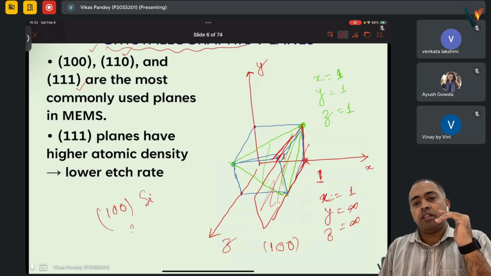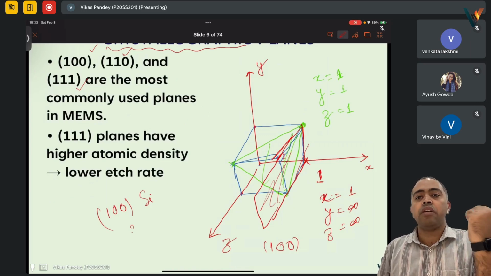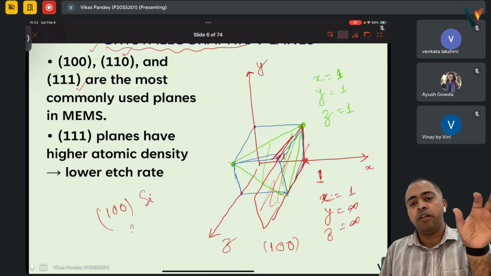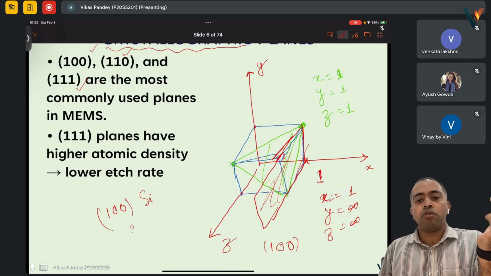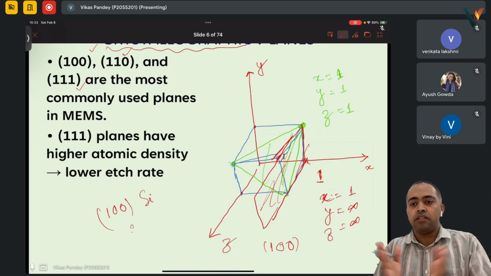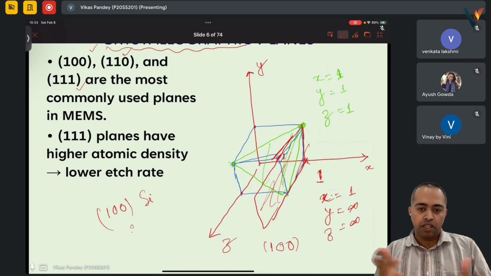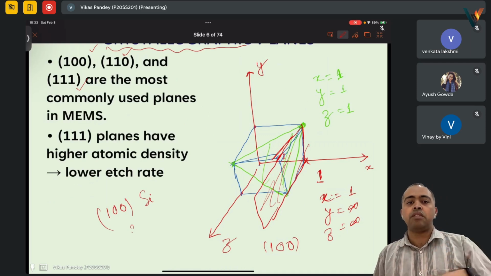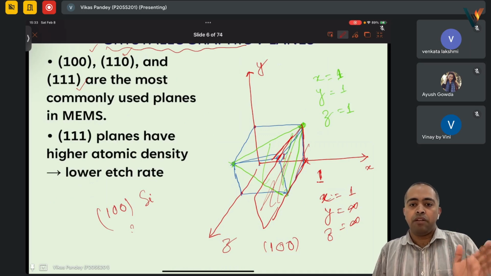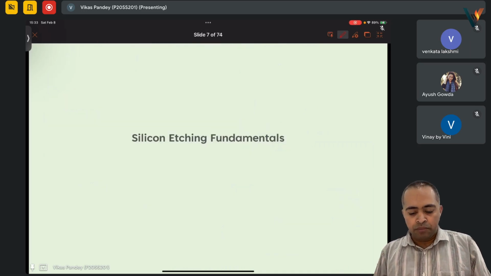That means it is difficult for chemicals to etch it, and that is why this property is used in etching the silicon crystal, where we are able to etch one plane and the other plane will stop it.